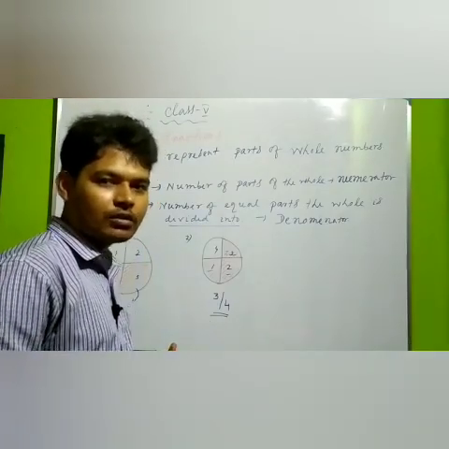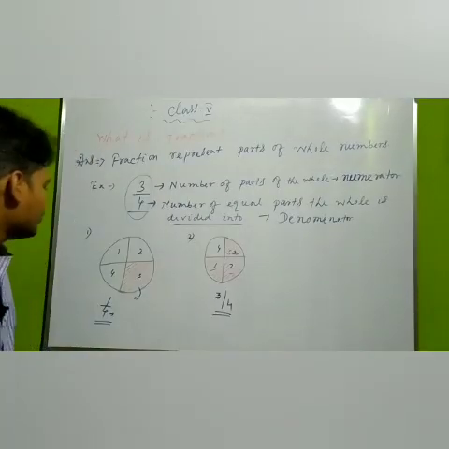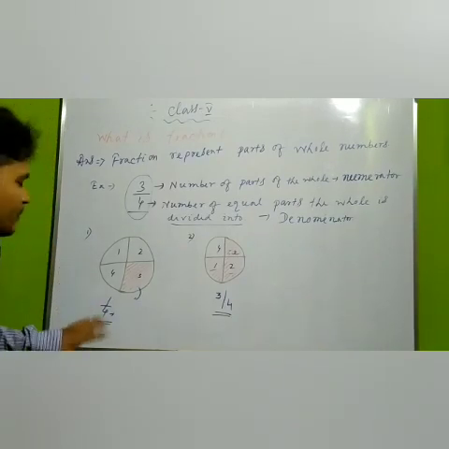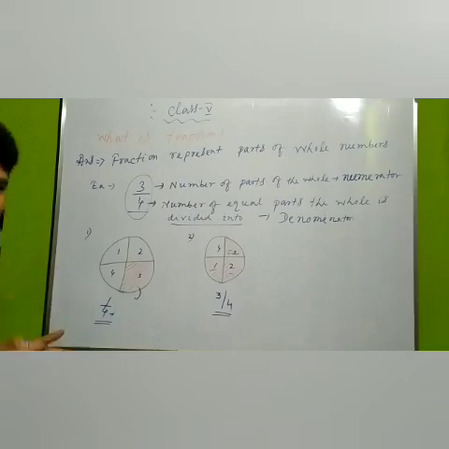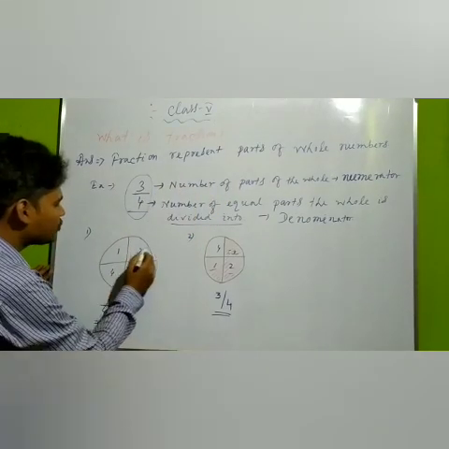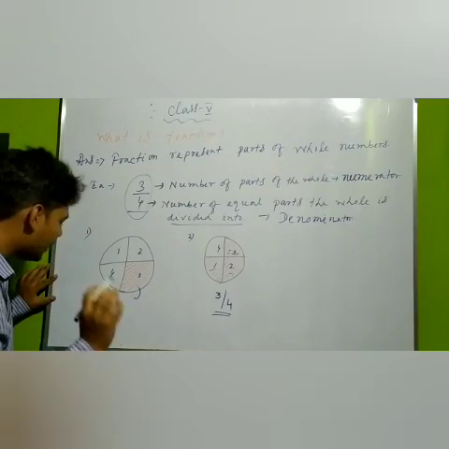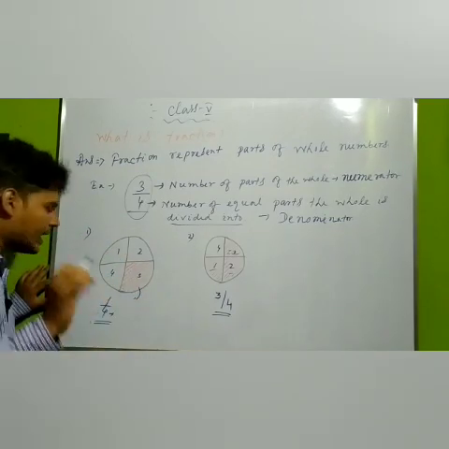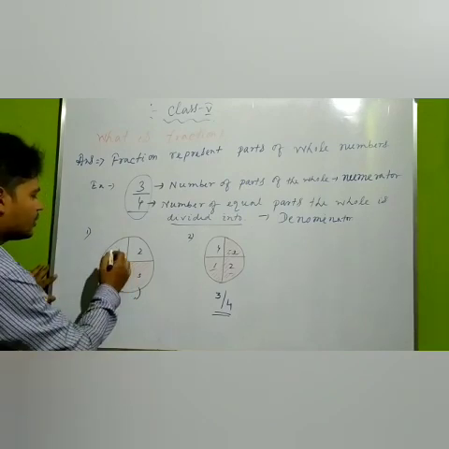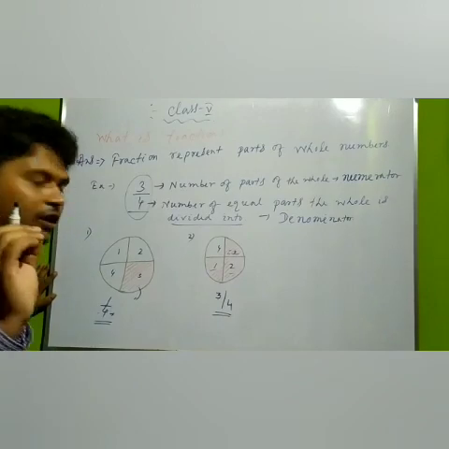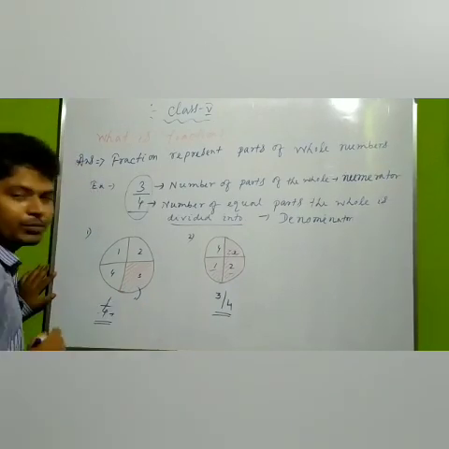Okay, understood? So from this we learn that the number of parts into which we divide the whole, we have to write down in the lower portion, and out of this whole, how many portions we have taken, you have to write down in the upper portion.